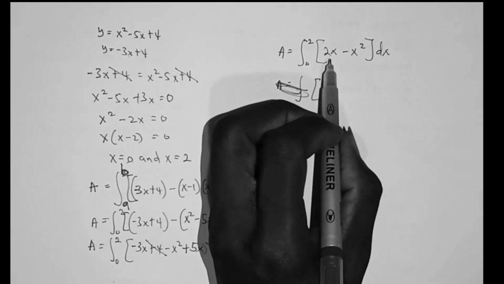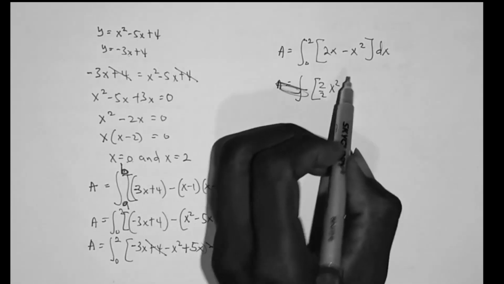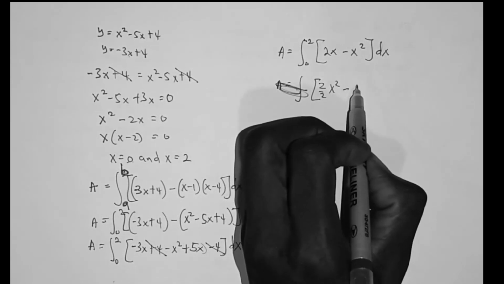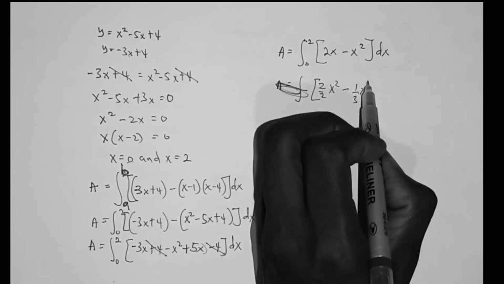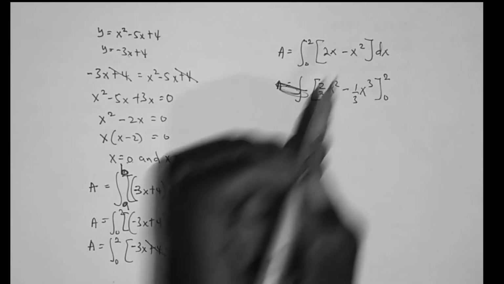So let's go ahead and do the integral. The integral is equal to 2 divided by 2 x squared if you integrate 2x, then minus, if you integrate x squared, you get 1 over 3 x exponent 3, evaluated at 0 and 2.